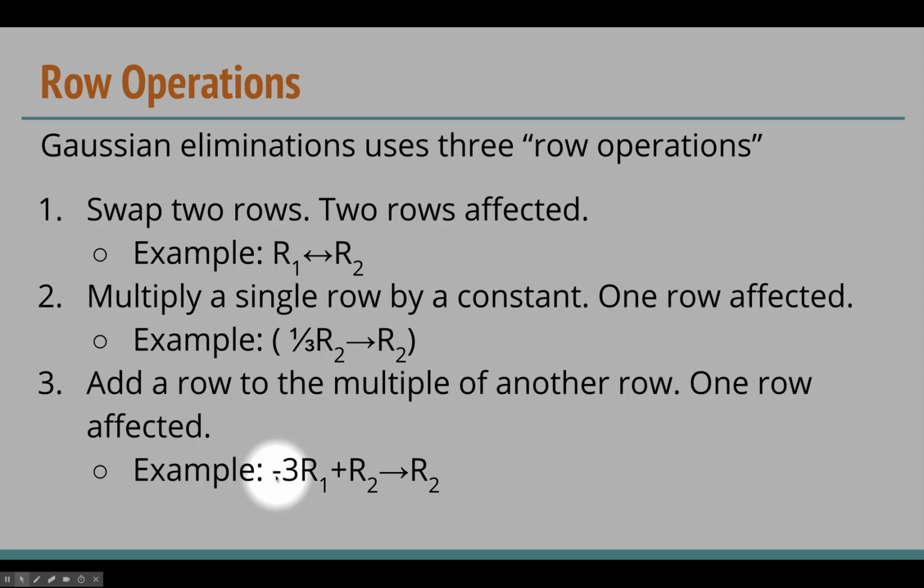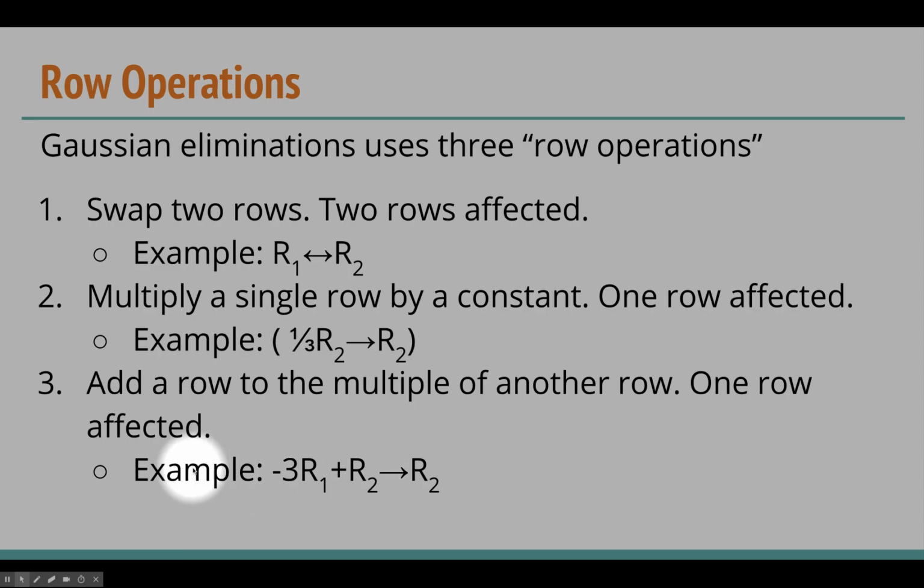So in this example, we take -3 times row 1, add it to row 2, and that whole result gets put into row 2. So 1 row, row 2, gets replaced. And that will not change the solution to the system.